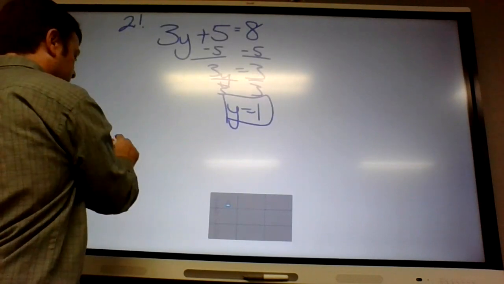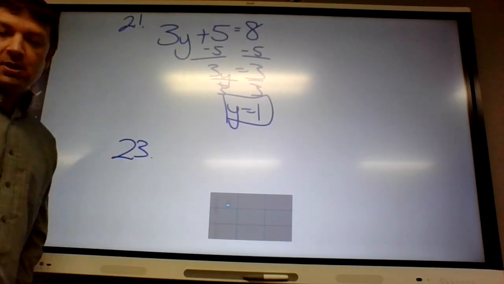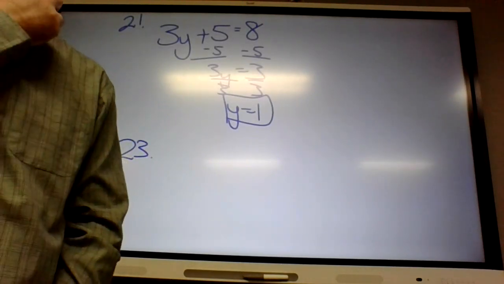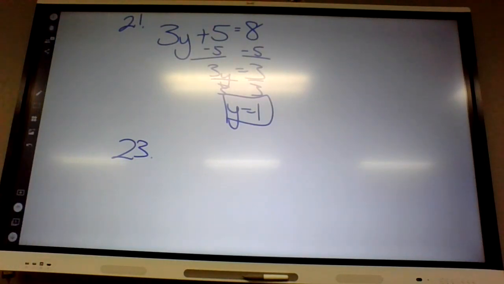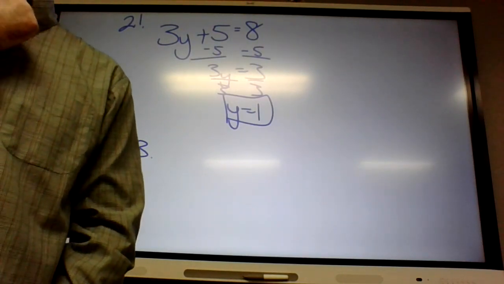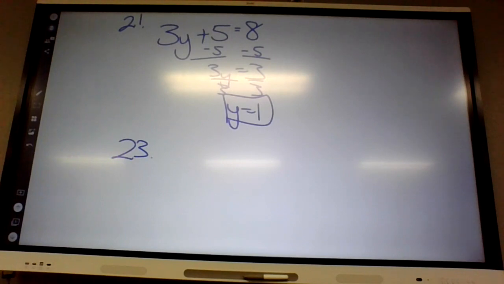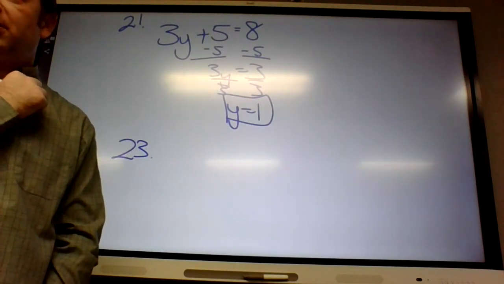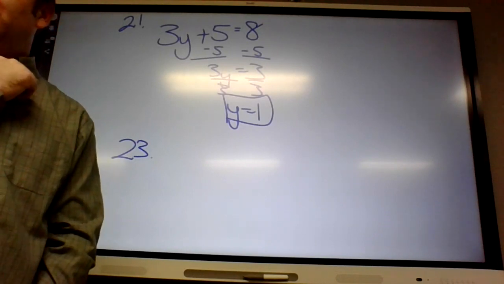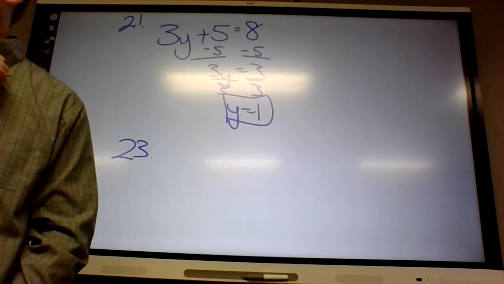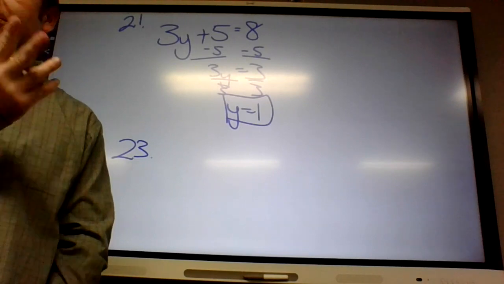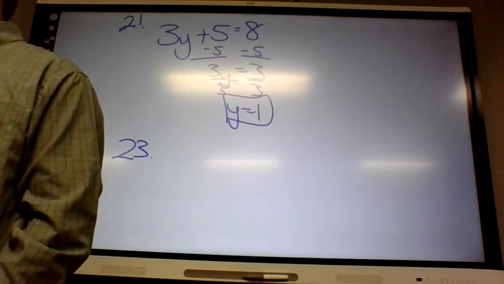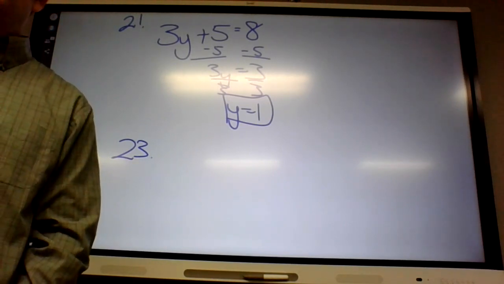I bet 23 is going to be trickier. 23 says find AD. AD is a what? Anthony, AD is a what? Radius. So basically if we find a radius of either circle, that'll be the right answer.